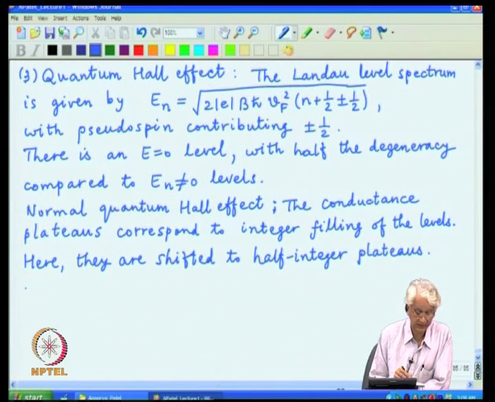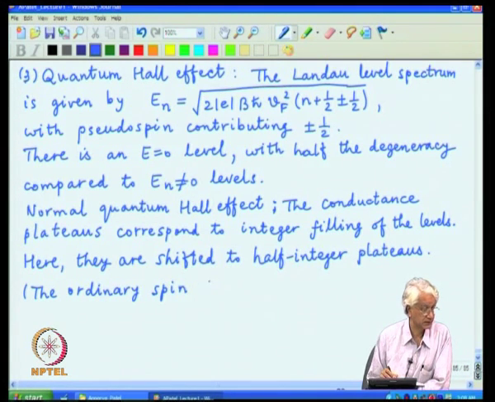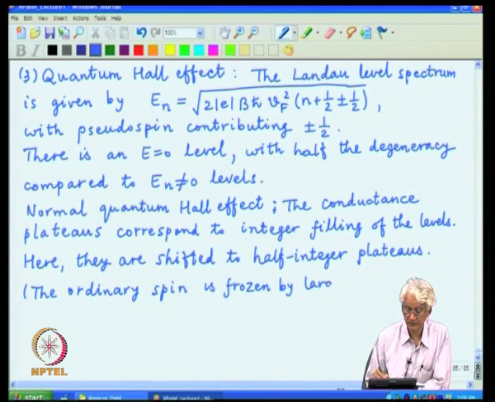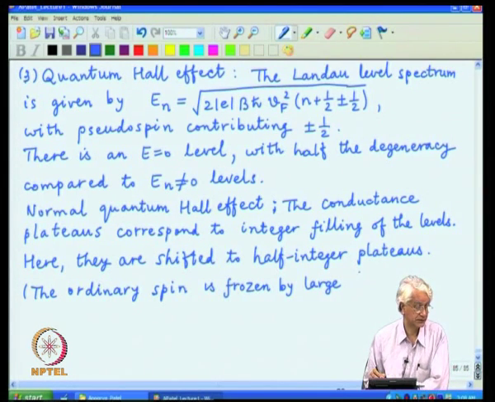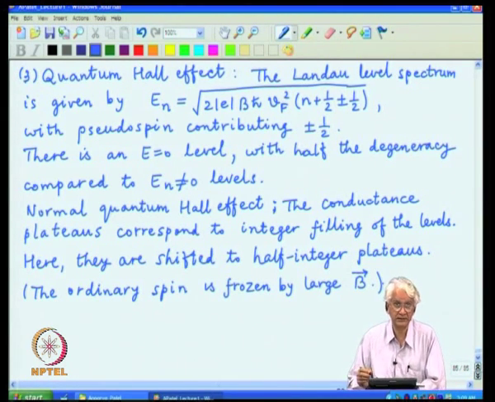I should mention that the ordinary spin in this analysis is kind of frozen by large magnetic field and does not play any role in the analysis of quantum Hall effect.